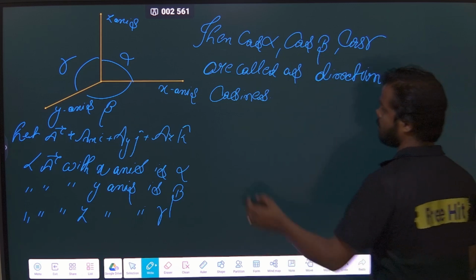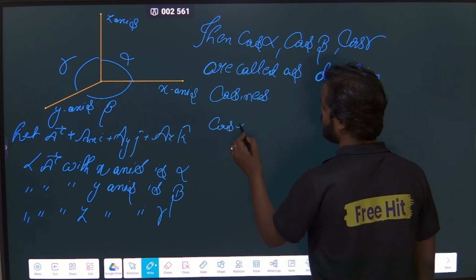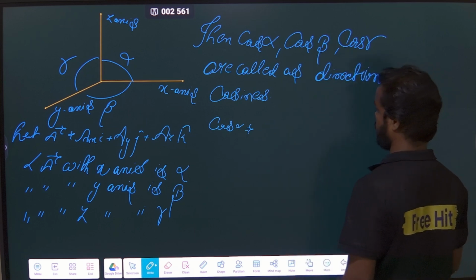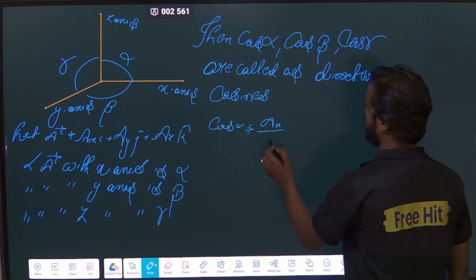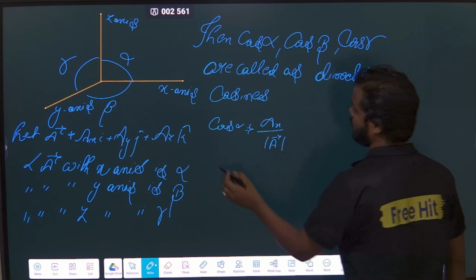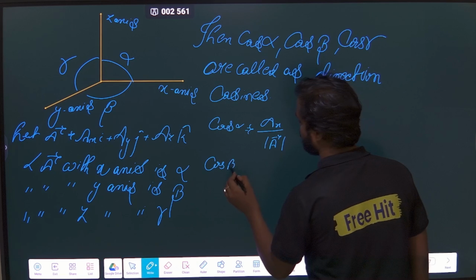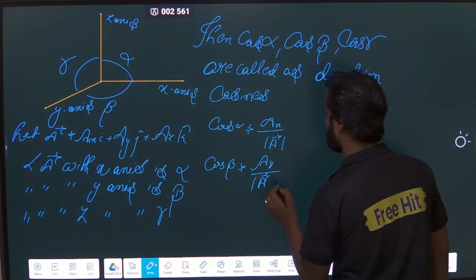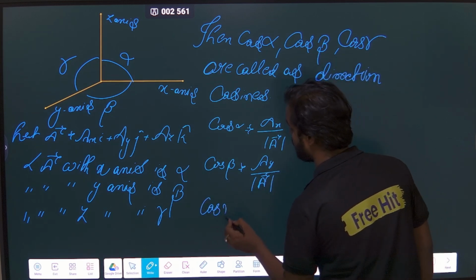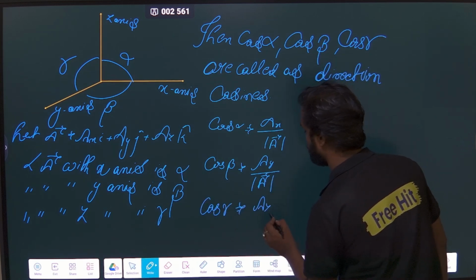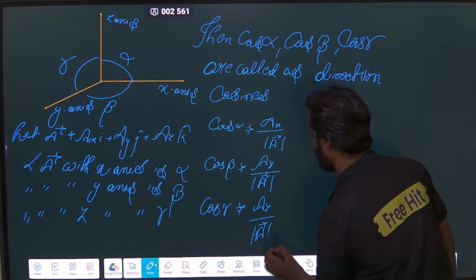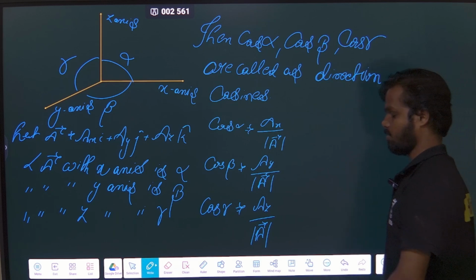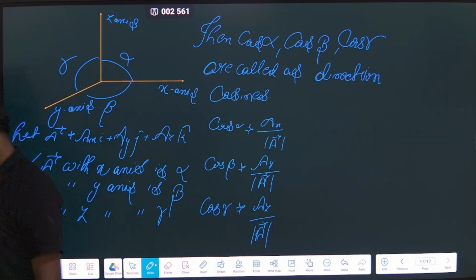Clear? Where cos alpha is defined as ax divided by mod of a vector, cos beta is defined as ay divided by mod of a vector, and the last, cos gamma, is defined as az divided by mod of a vector. Clear? So we will get this cos alpha, cos beta, cos gamma. That is the first thing.